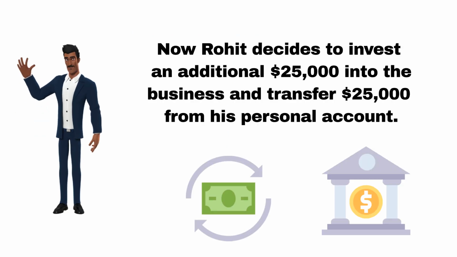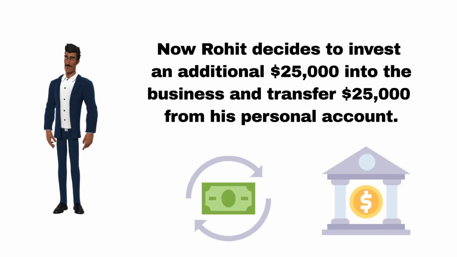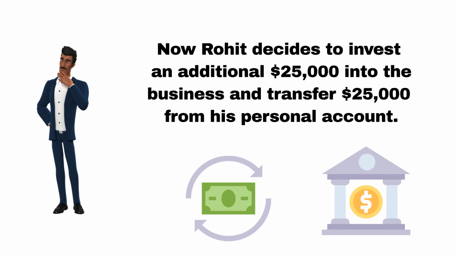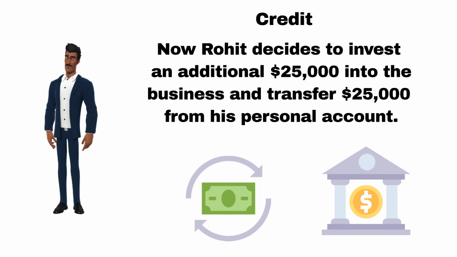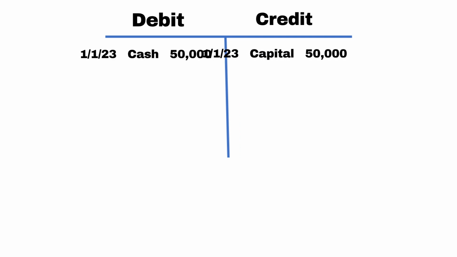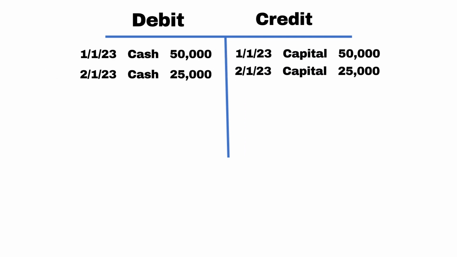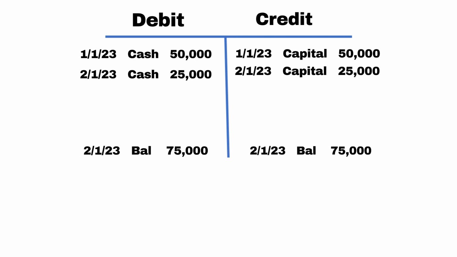Now Rohit decides to invest an additional $25,000 into the business and transfer $25,000 from his personal account. Rohit invested his money twice. The first time, he invested $50,000, and then he invested an additional $25,000, resulting in an increase in both assets and capital.